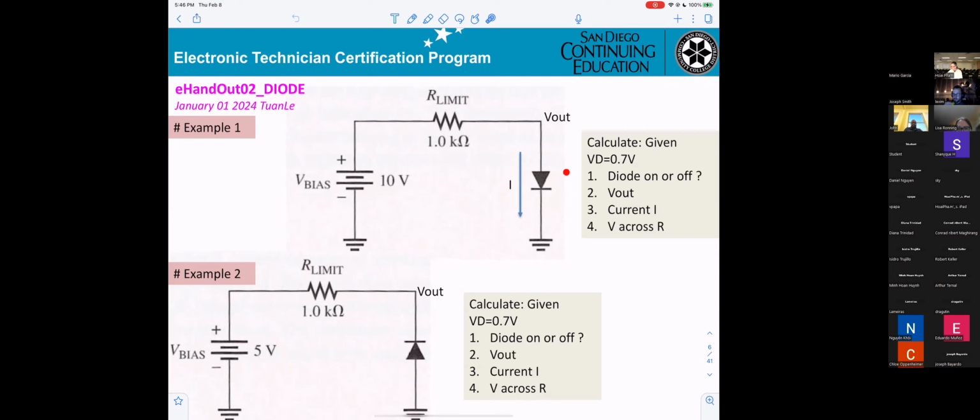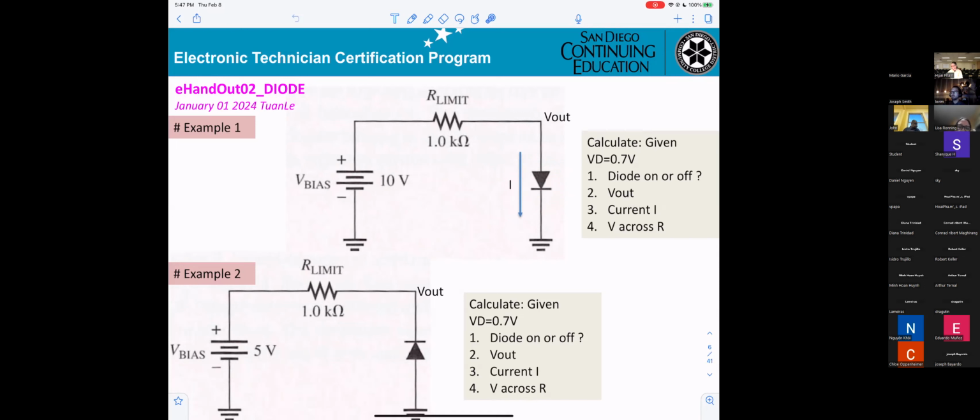If that's so, then it's forward bias. Otherwise, it's reverse bias. Well, it looks like the same picture as the previous slide that said ideal. It doesn't look like a reverse bias or a forward bias according to the picture on the previous screen.